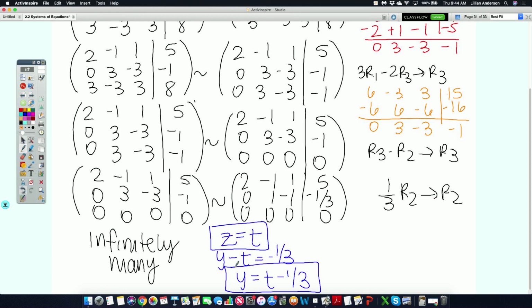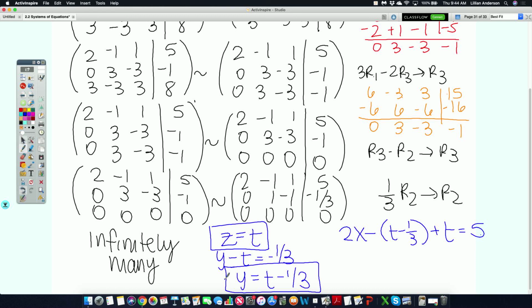Then I'm going to plug it back in up here, so X minus T minus 1/3 plus T equals 5. I could have done a little bit more row operations, but I just stopped once I got the 1 there.